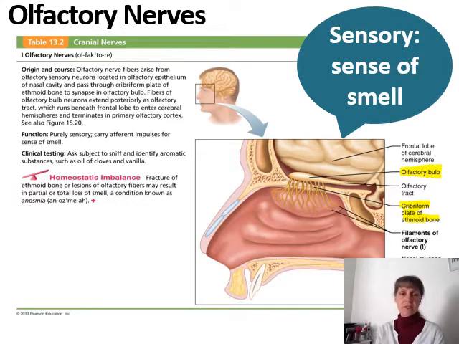And the olfactory nerve fibers, again, are basically coming from olfactory sensory neurons located in the epithelial tissue that lines the nasal cavity.